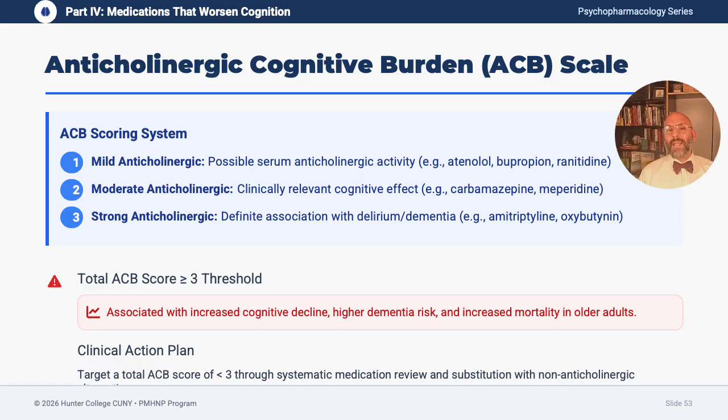You want to systematically review the medication list and drive the total ACB score below 3 whenever possible. This doesn't mean stopping everything overnight. It means identifying the high burden drugs and prioritizing substitutions and recognizing that for many patients, cognition improves not when we add something new, but when you remove the offending agents.